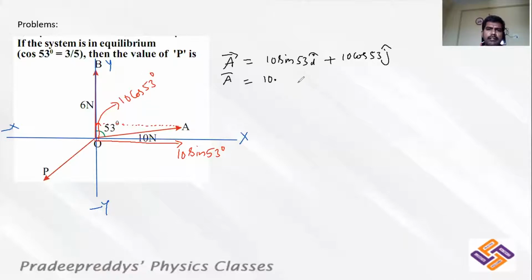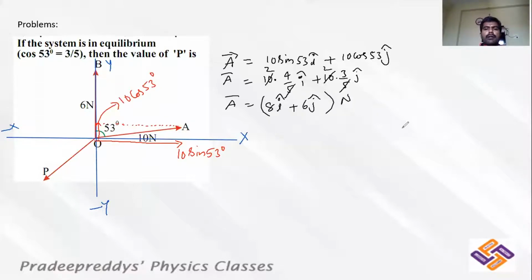Sine 53 I can write as 4 by 5 i cap plus 10 into cos 53, which is 3 by 5 j cap. 5 into 10, 5 twos are 10. A bar is equal to 2 fours are 8 i cap plus 2 threes are 6 j cap, and this is in Newton. So A bar we have got. Next, how do you write B bar? B bar is along the y-axis, therefore it is 6 j cap.